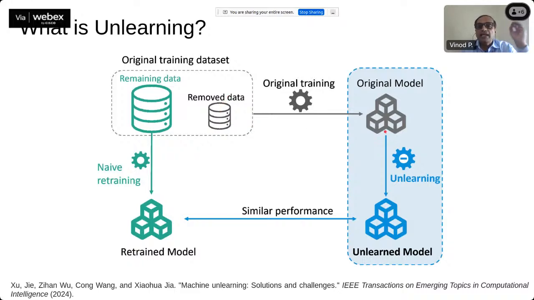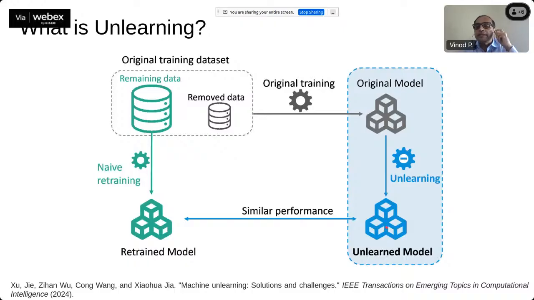In essence, we start from the original data, and from this original data we would like to remove, by some mechanism or approach, the effect of this sensitive data, to have a new model which is called an unlearned model.